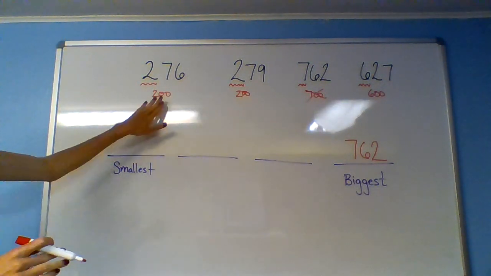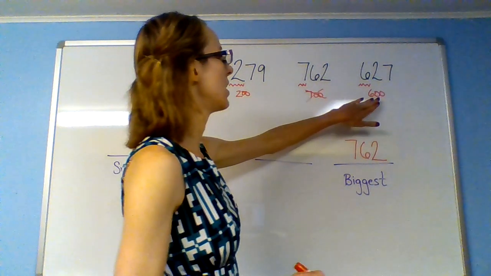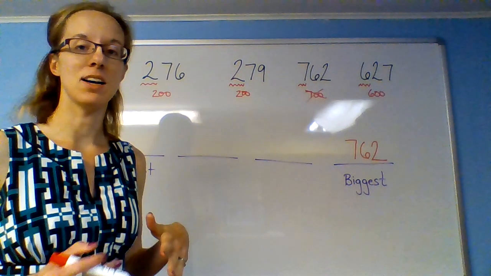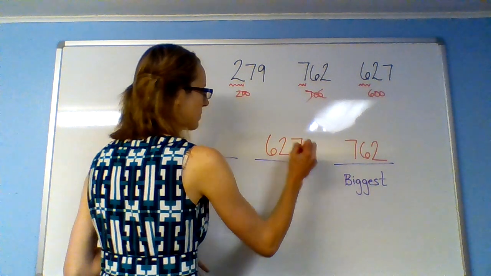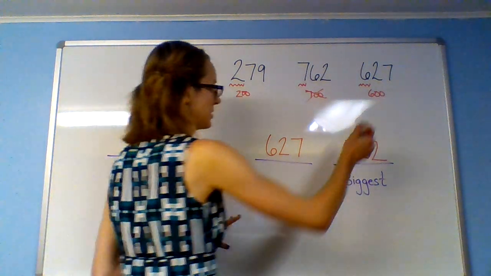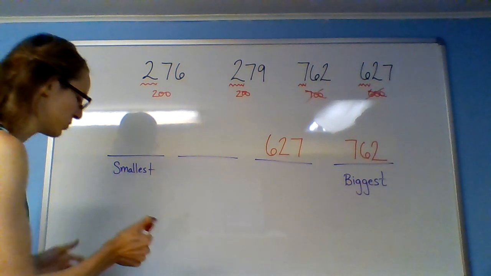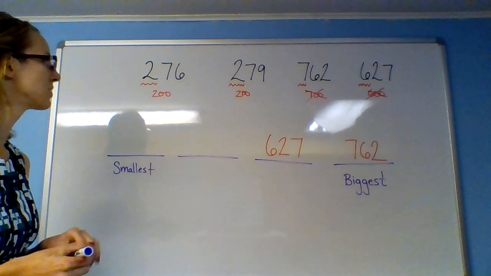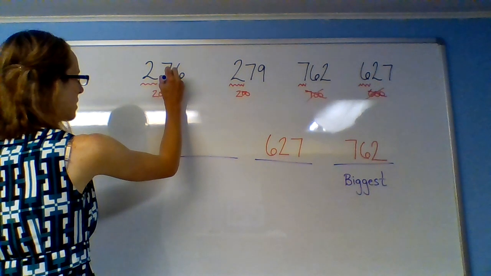I can look then, and I still am comparing 200, 200, and 600. That tells me that 627 is my next biggest number without even looking at the tens or the ones. Now that I have two numbers out of the way, I'm going to move back over here and look at the next spot in my number, which is going to be the 10 spot.